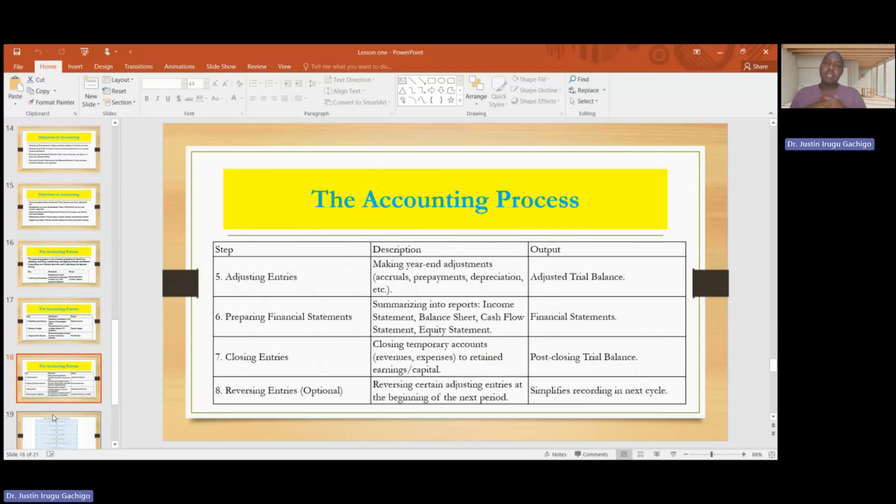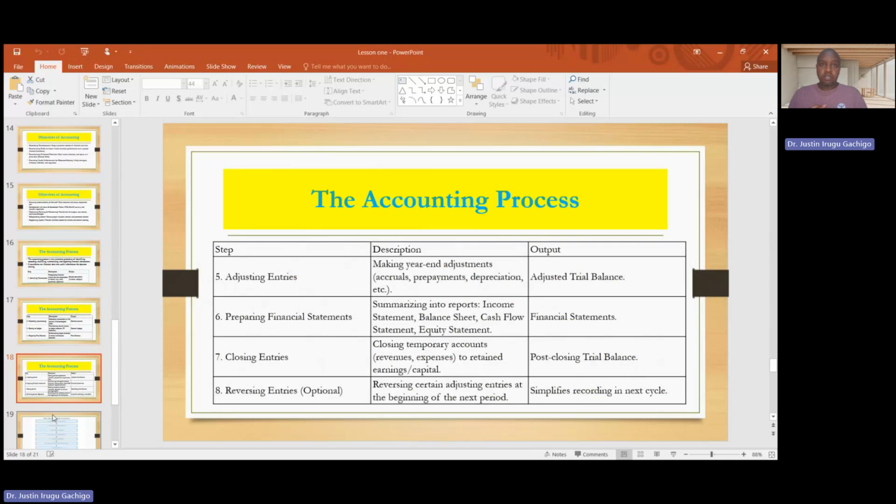So if you have not received that invoice, you need to accrue, because of the matching principle. Then prepayments, these are what you have paid in advance, for example insurance, so you need to amortize appropriately. Then you have the depreciation of assets, and the output is the adjusted trial balance. The trial balance is not adjusted; when you adjust, it becomes the adjusted trial balance.